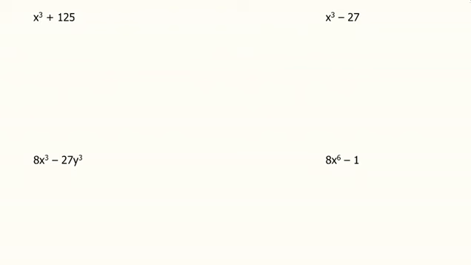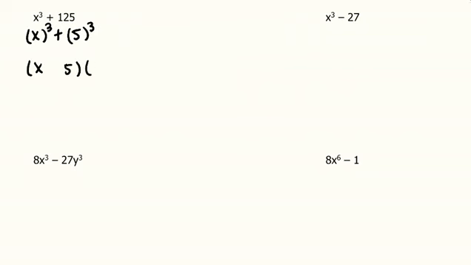All right, so let's do some examples of sum and difference of cubes. I see right now that this is x to the third plus 5 to the third. I wouldn't expect you to know the third power of anything higher than 5. So I know that when I have the sum of cubes, it's going to be x and 5.